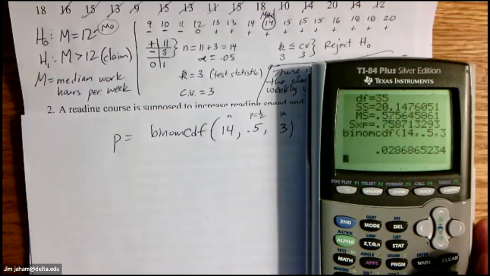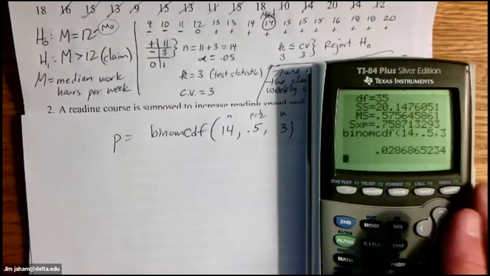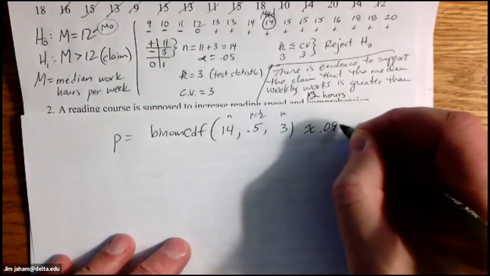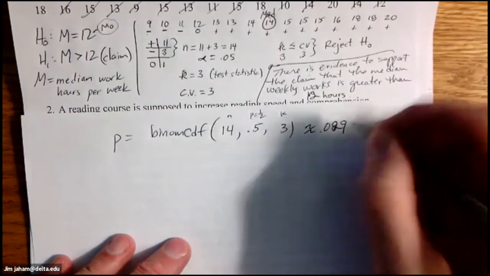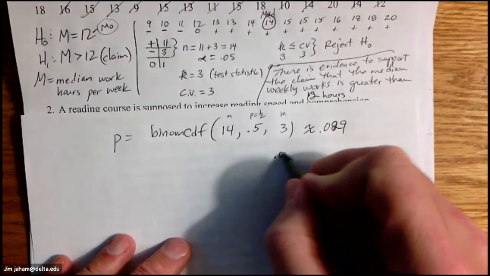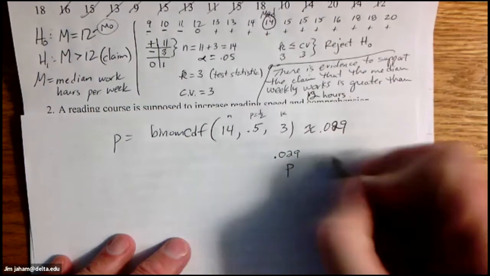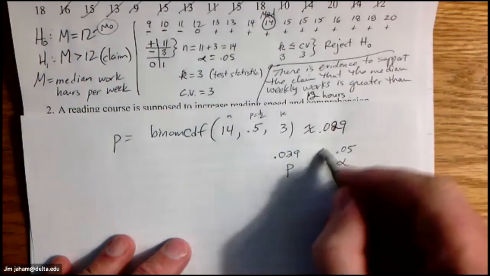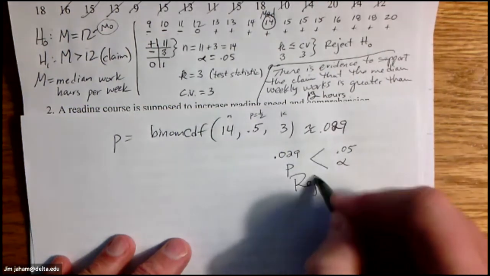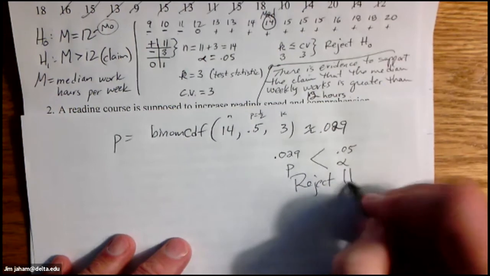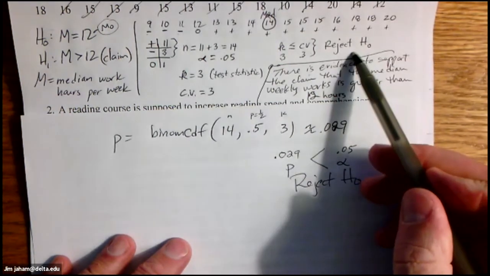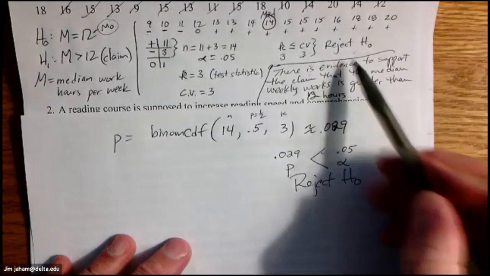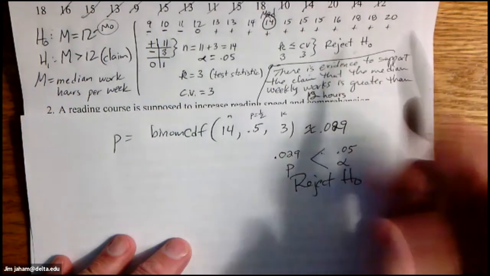But notice it's 0.029, let's call it. And if you compare that p-value to the alpha value, p is less than alpha, so reject. And that's what we decided here. So again, there's a p-value approach to reject. There's also a critical value way to reject.